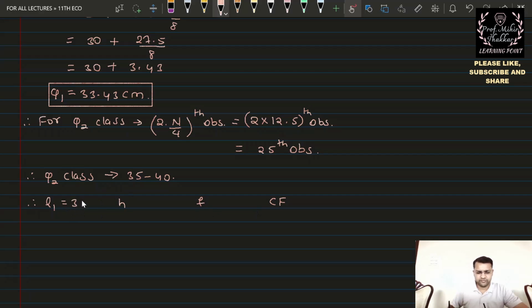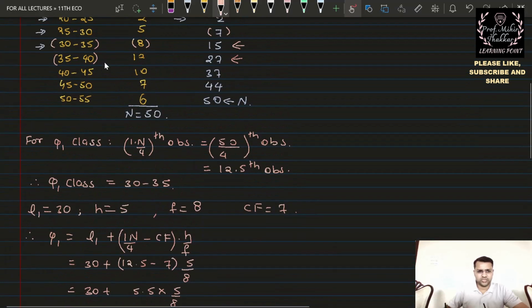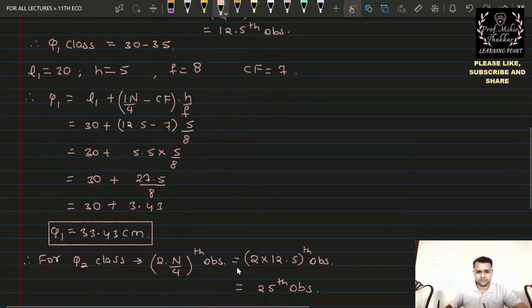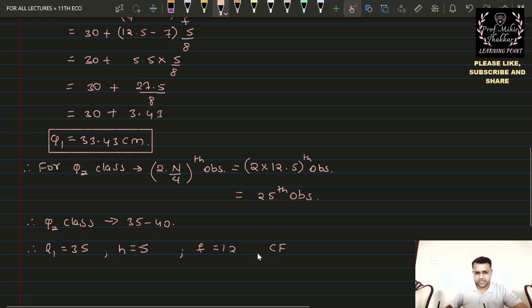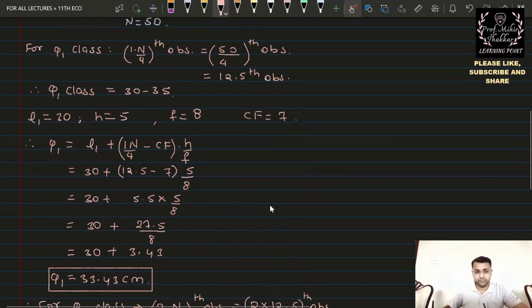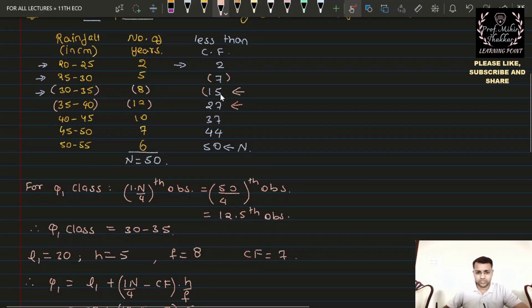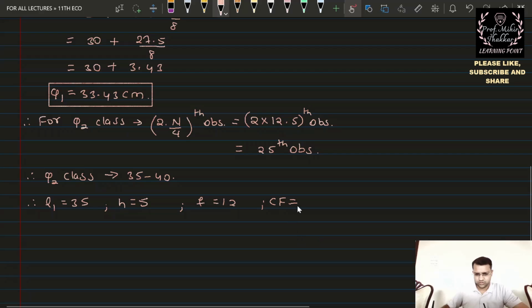Lower limit is 35. The class width over here is 5. When I want to get the frequency of the class 35 to 40, I can say it is 12. And the cumulative frequency of the previous class, which is over here 15. So I get CF is equal to 15.